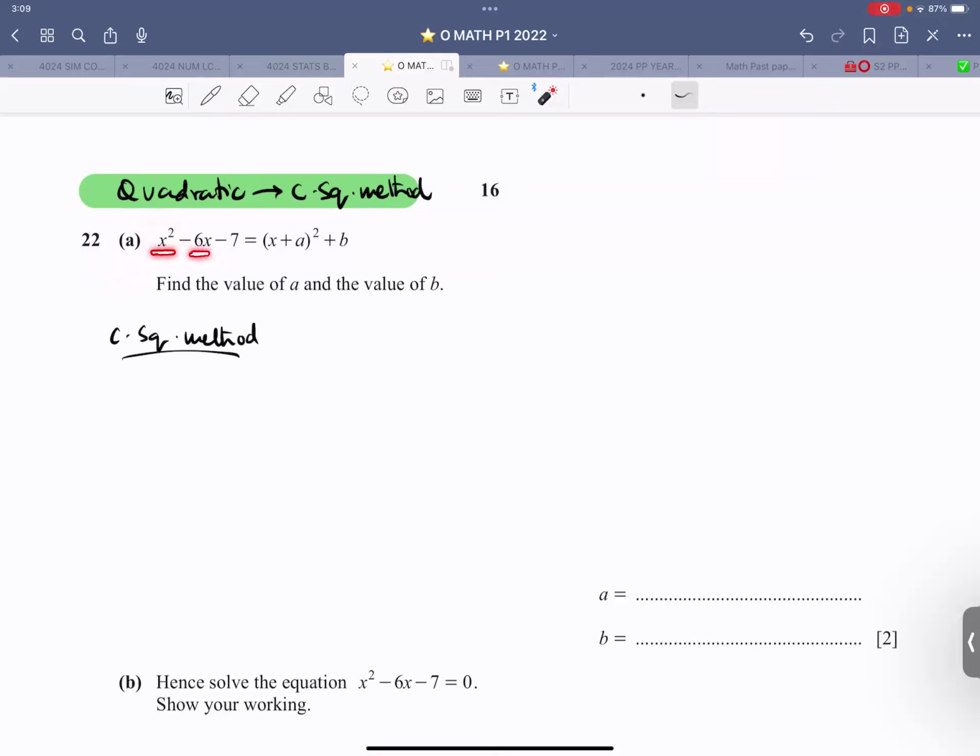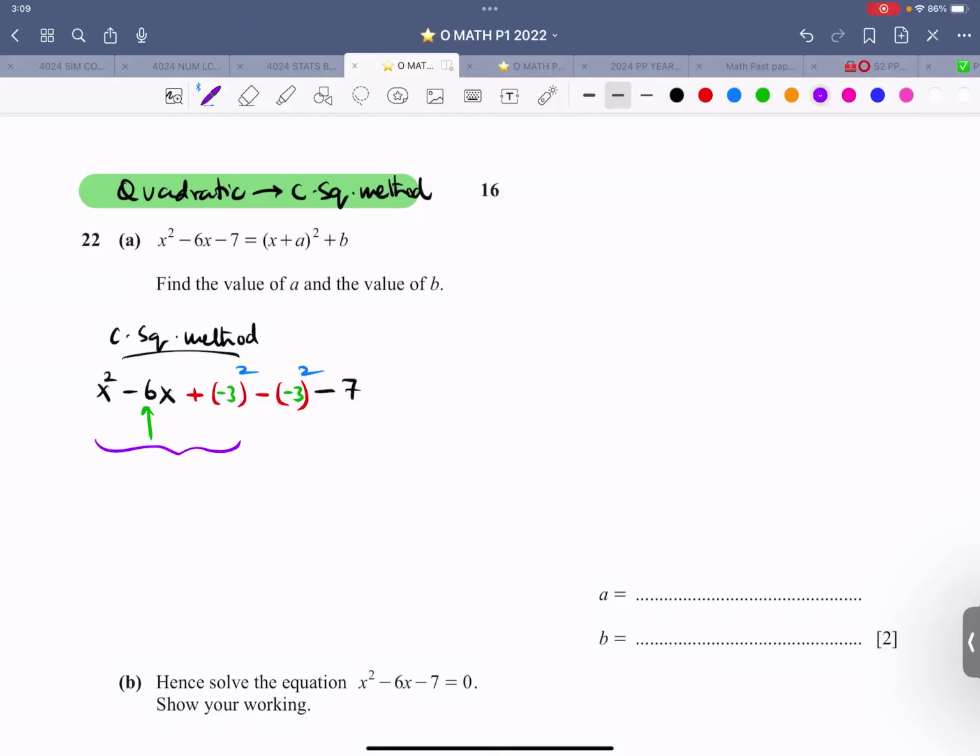And then we write the first two terms as it is, and then let me show what can be done. X square minus 6x as it is, minus 7 as it is. First add, then subtract square of half the coefficient of x. The coefficient of x is -6, so -3, -3.